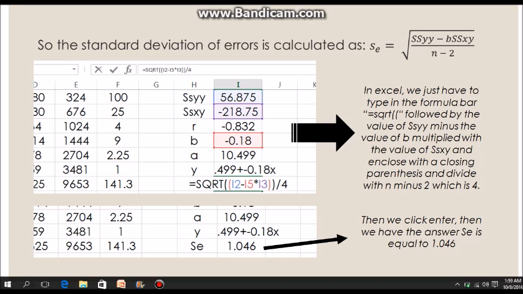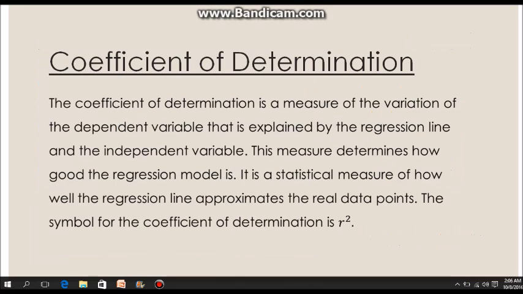In Excel, we just have to type in the formula bar equals square root, open parentheses, followed by the value of SSYY minus the value of B multiplied with the value of SSXY, and then close with the closing parentheses and divide by n minus 2, which is 4. Then, we click enter. Then we have the answer SE is equal to 1.046.